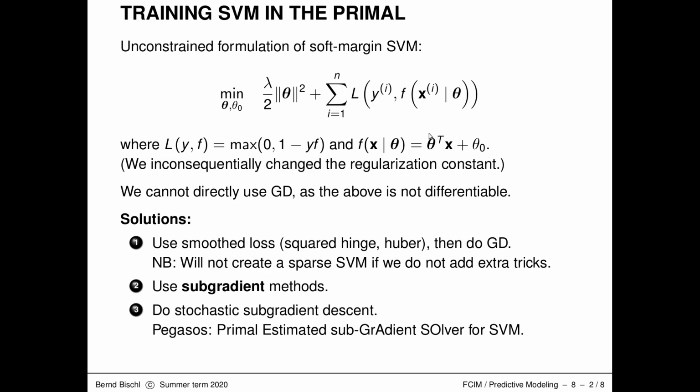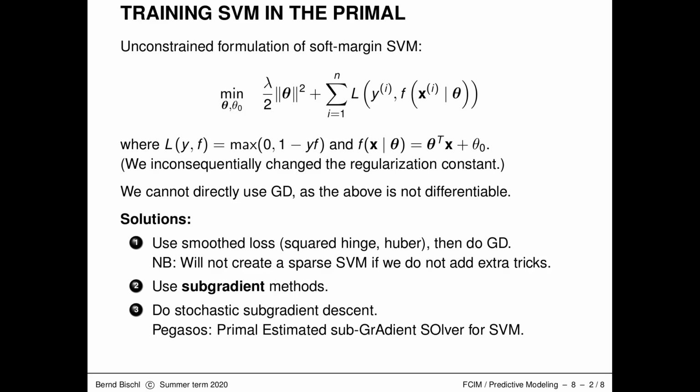And it would be nice if we could now directly attack this with simple gradient descent, but as I discussed before, this L function is not really differentiable, at least at one point, so we have to be a little bit careful here. So what are our options now? We could, for example, use the smooth losses that I discussed before, for example the squared hinge or the Huberized hinge, and then simply do gradient descent.